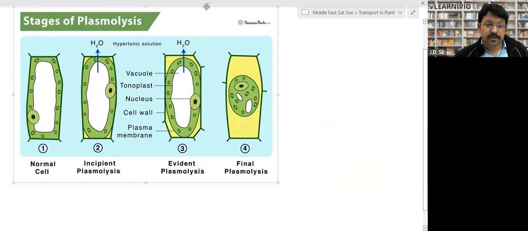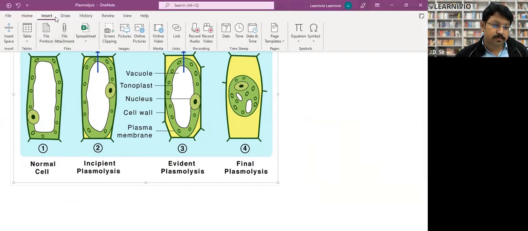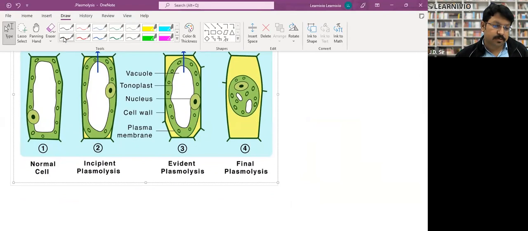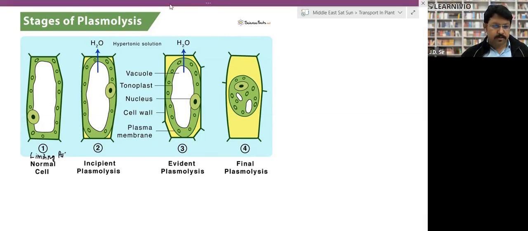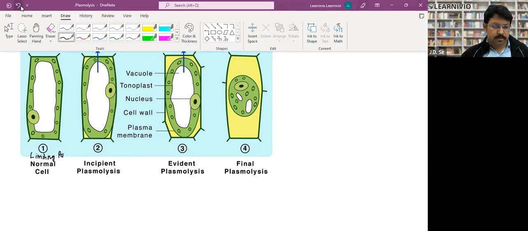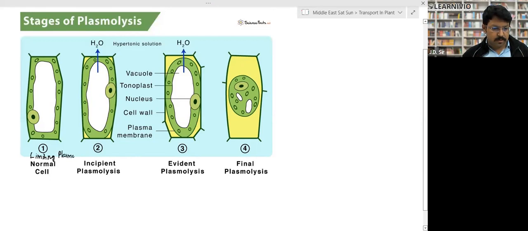The first stage of plasmolysis is basically called limiting plasmolysis. So this is limiting plasmolysis.